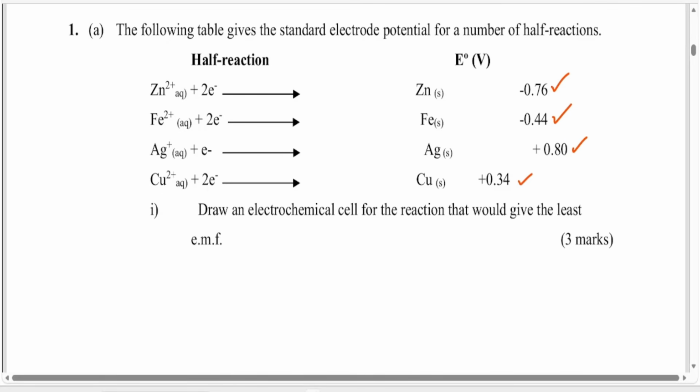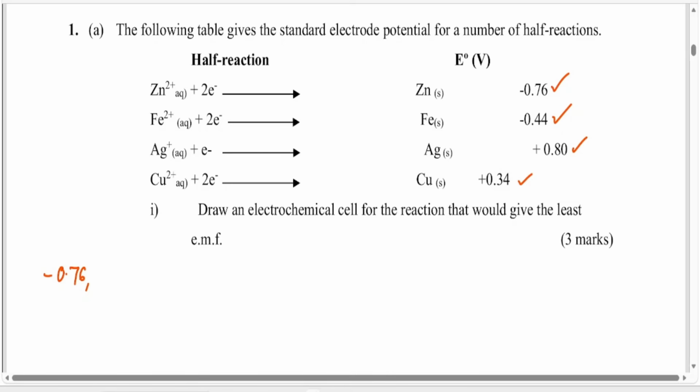So when you're given this kind of question, we just take the difference between the standard electrode potentials of these different cells based on how close they are. In my case, I'll arrange them as their electrode potentials would be on the number line. I have the most negative being zinc, negative 0.76.